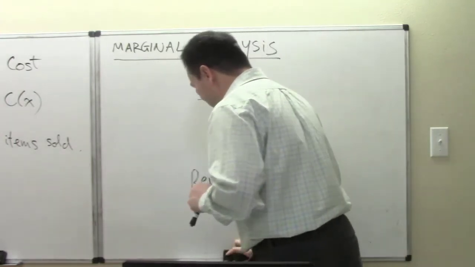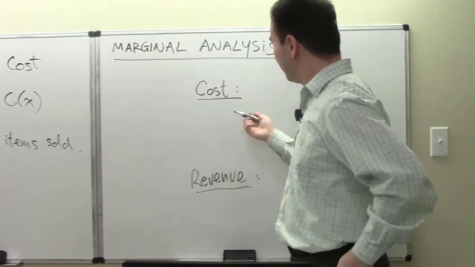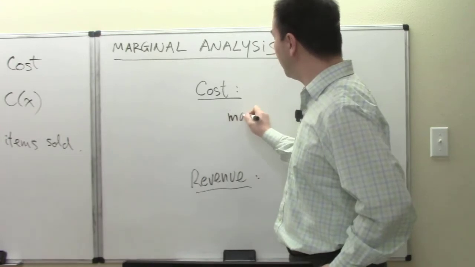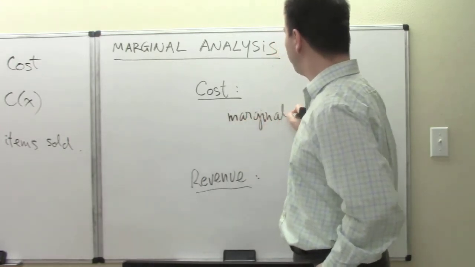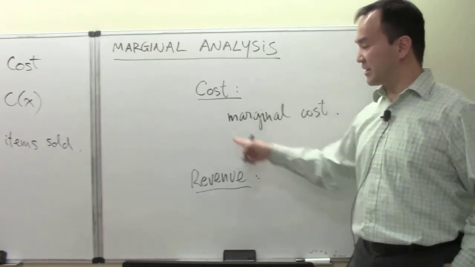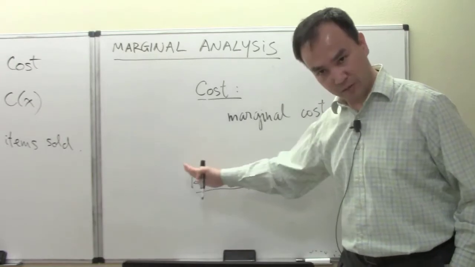So for the cost, after I just explained what that is, we can apply math right here. We can use our math skill to find out what marginal cost is. And then the same for revenue. I just briefly explained what revenue is.